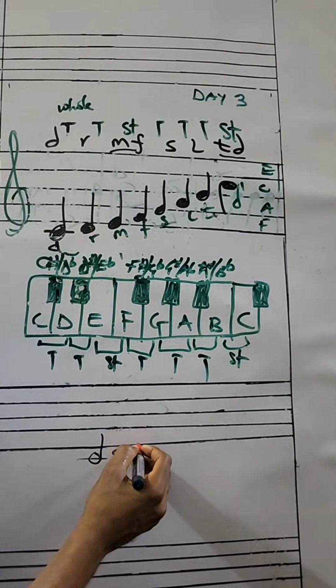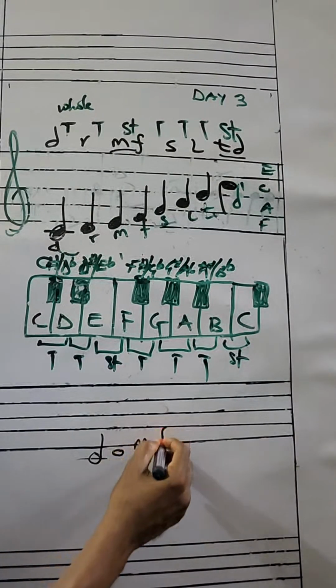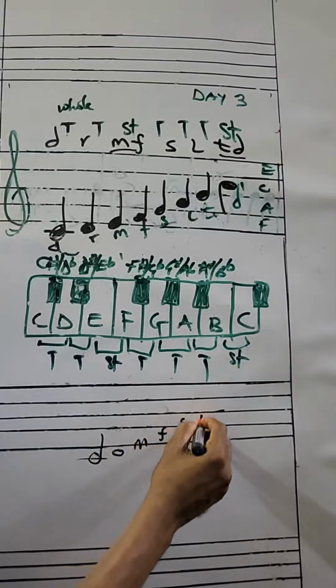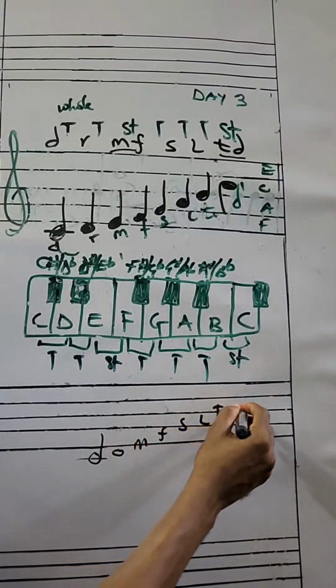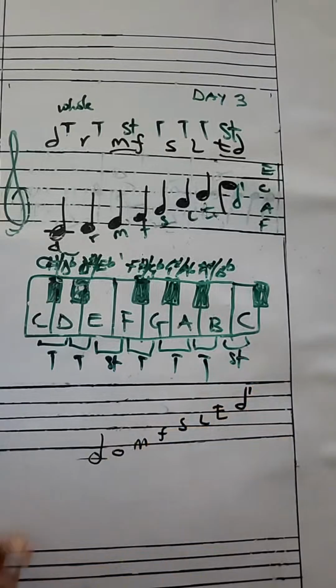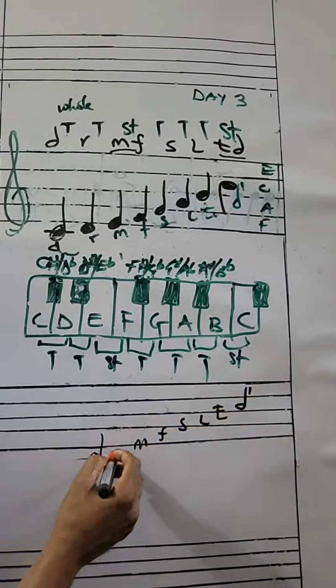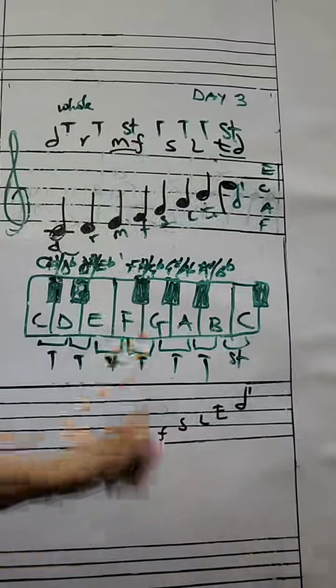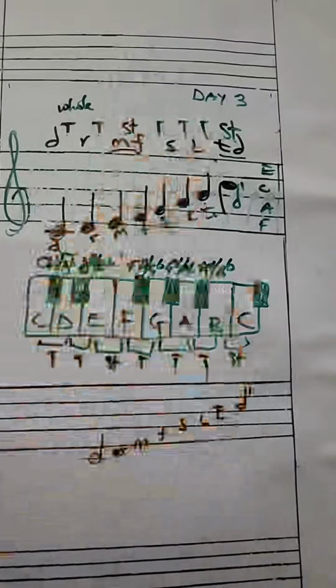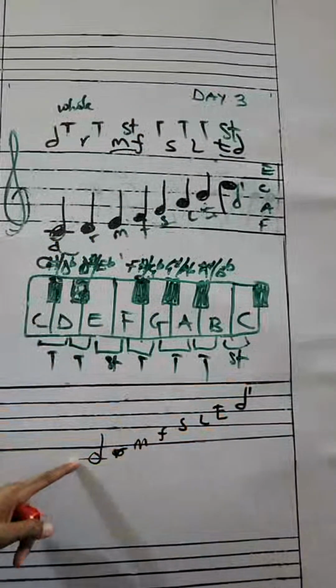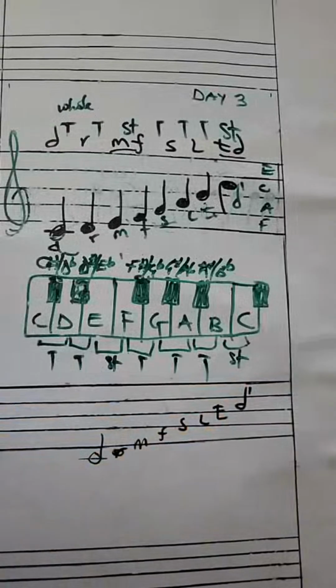So here I have my fa, sol, la, ti, do. That is on the key of C. So this is mi, fa, sol, la, ti, do. Do, ti, la, sol, fa, mi, re, do on the key of C.